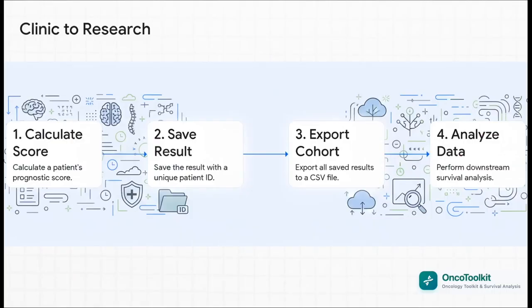The workflow is just incredibly simple. One, you calculate the score for your patient. Two, you save the result. Three, when you're ready, you export your entire cohort into a single CSV file. And four, you begin your downstream analysis. You've just transformed your routine clinical work into a research-ready data collection process.